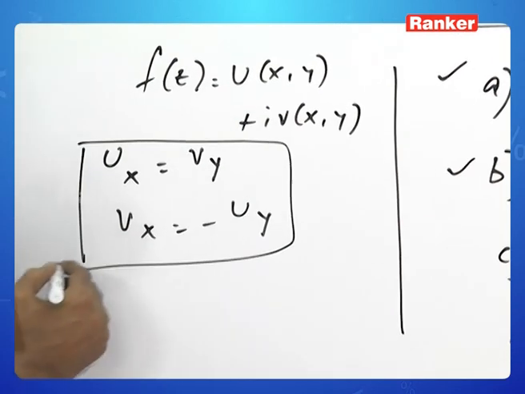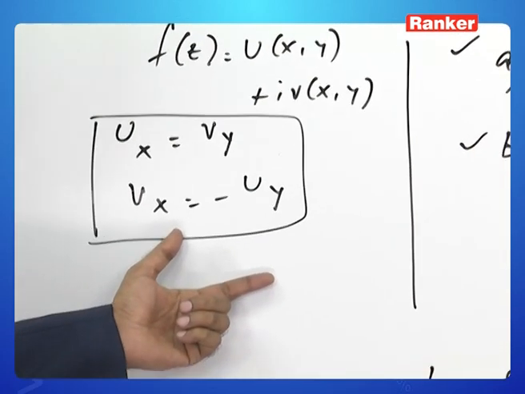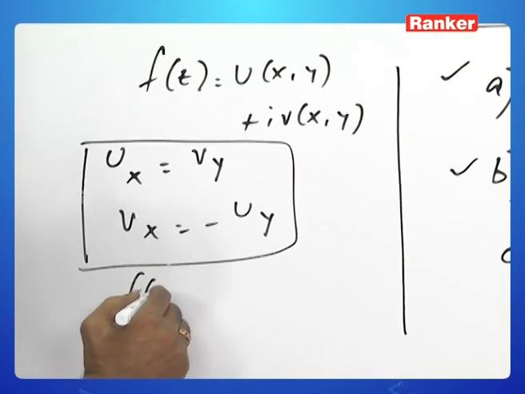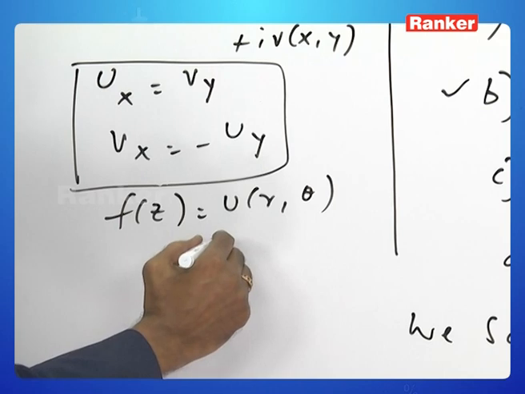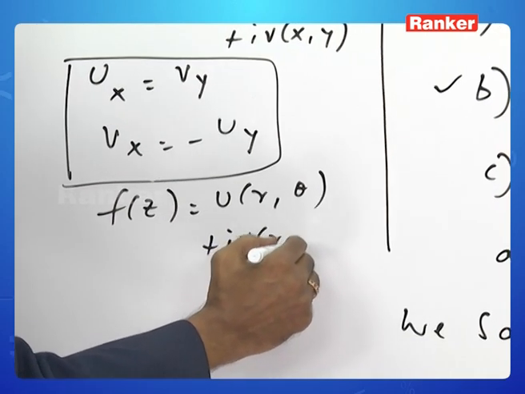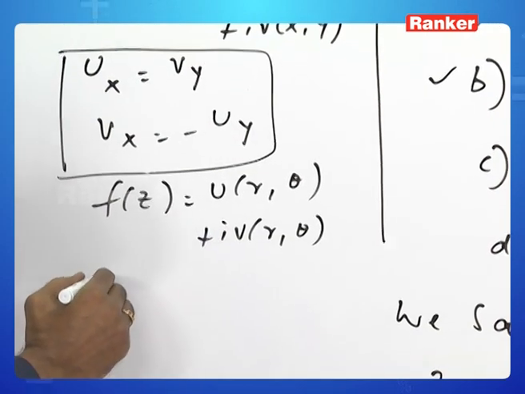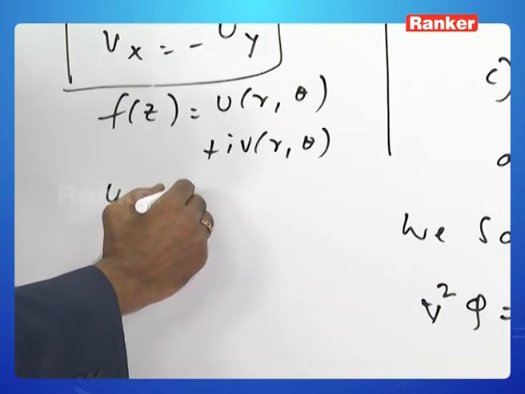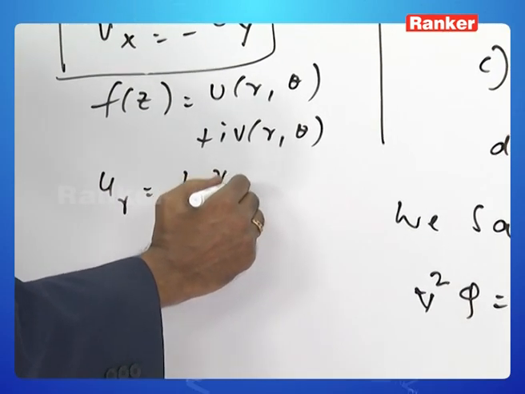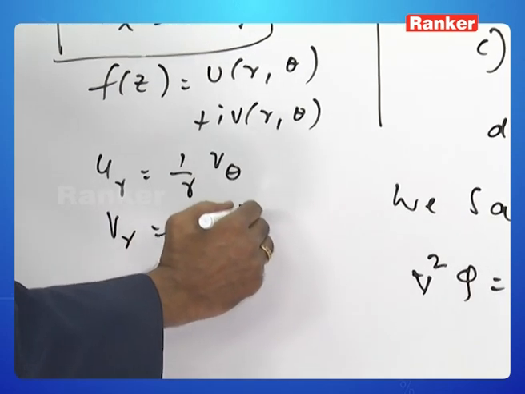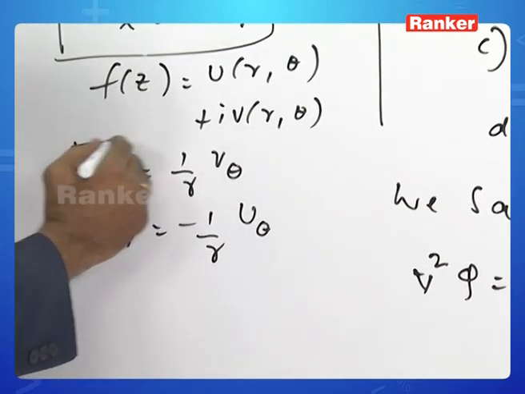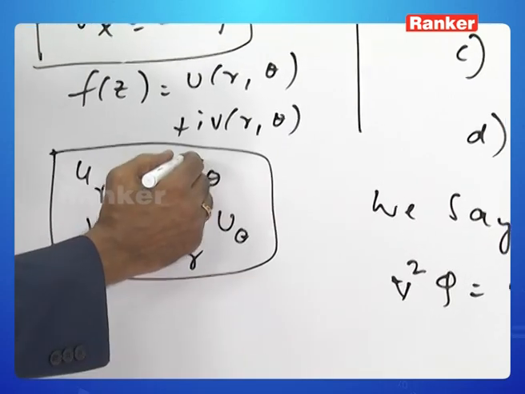This is in the Cartesian form. When the function is in polar variables r and theta, then these become the Cauchy-Riemann conditions.